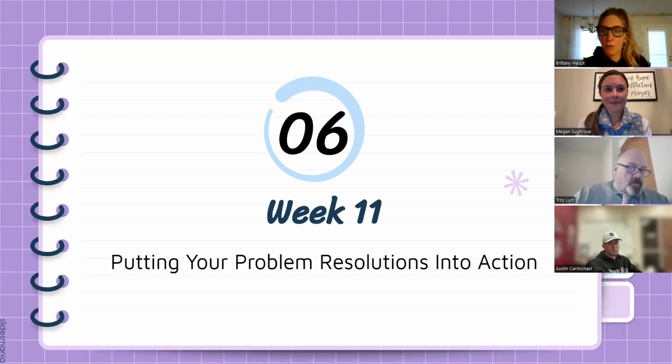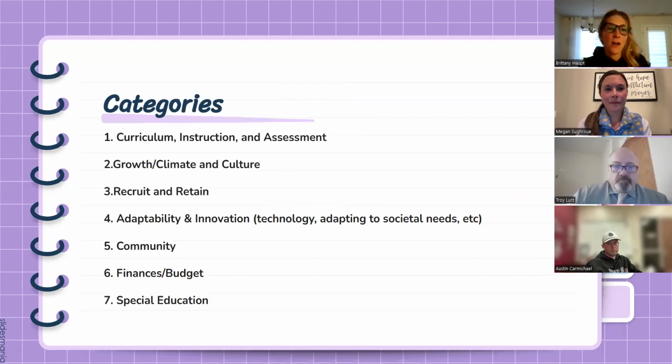So the first thing our group discussed was the categories, the 6 to 9 categories that every district should have. And our categories that we decided together were curriculum, instruction, and assessment, growth, climate and culture, recruitment and retention of employees, adaptability and innovation, like keeping up to date with technology, and then adapting to societal needs, whatever that might look like.